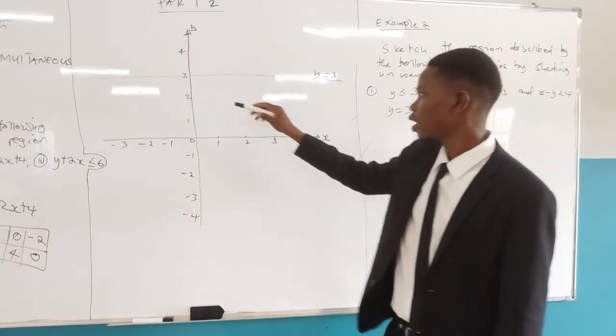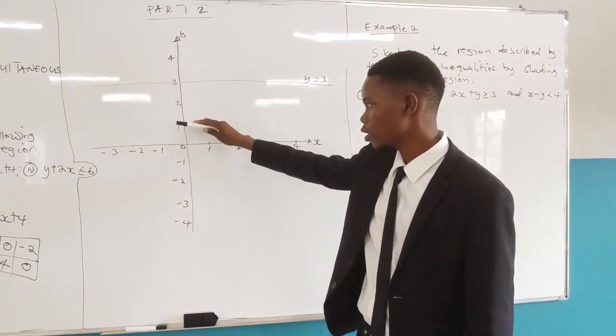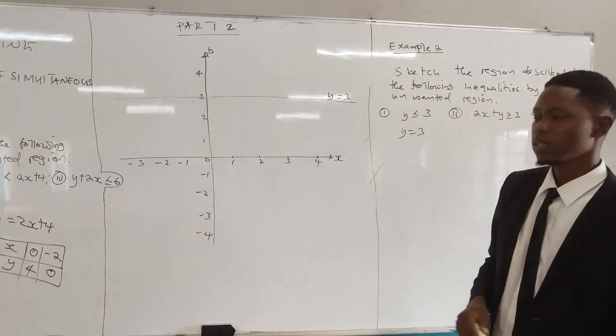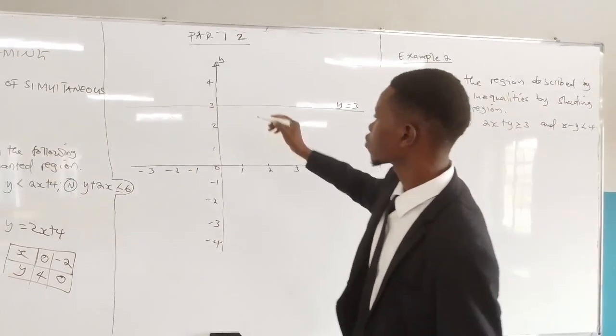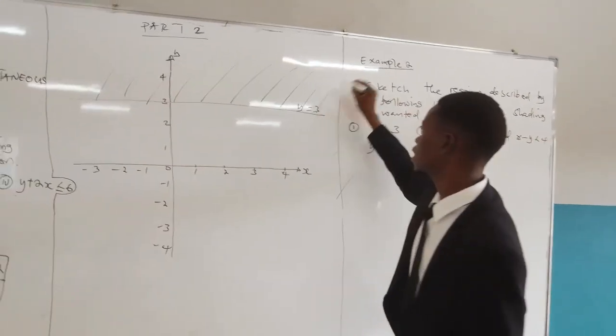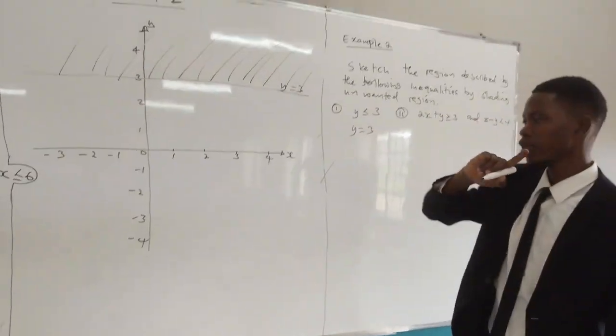Those numbers are here from 3 going downwards. So this is the wanted region. Those that are greater than 3 are in the region which is not important. So we are going to shade that region. So we are shading the numbers that are greater than 3. So we are done with that.